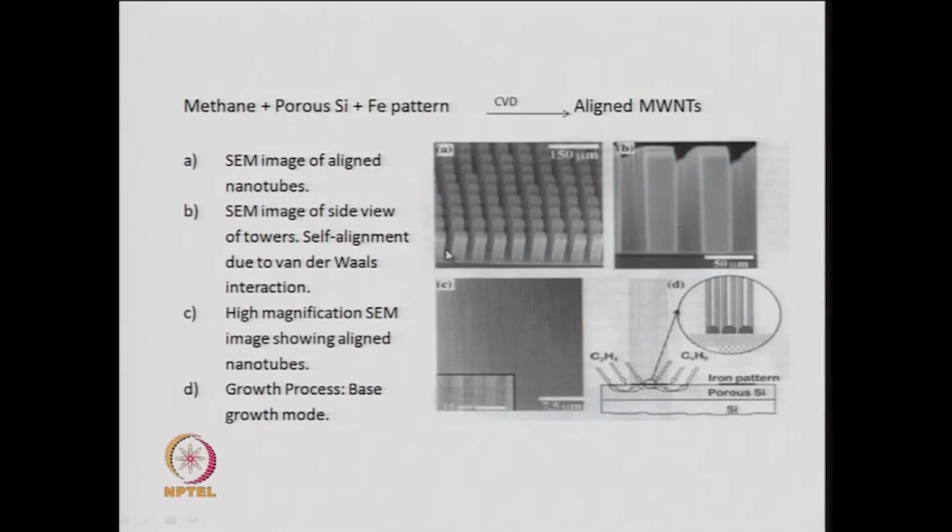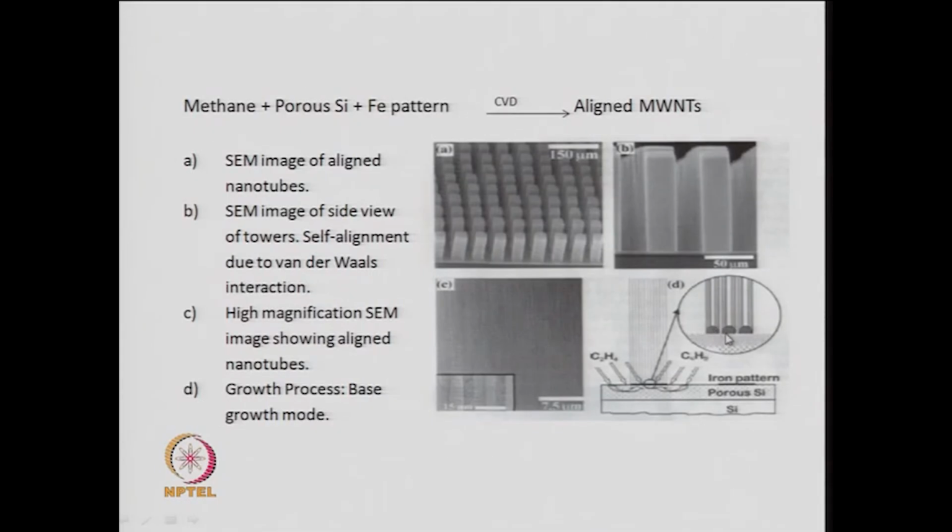So, you took a porous silicon, that means there is a silicon which has got particular pores, and below that of course, you have got the crystalline silicon, and where you have got pores, the gases will go in, and you have got this catalyst which is iron, which is patterned, and the growth will take place from the catalyst particles.